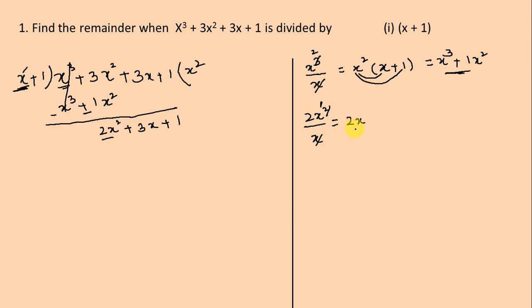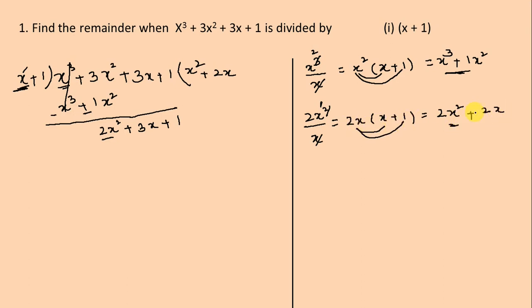First write down 2x here, then we multiply 2x with x plus 1. First term to first term we multiply 2x with x, that is 2x square, plus 2x into 1, 2 1s are 2 and then x.